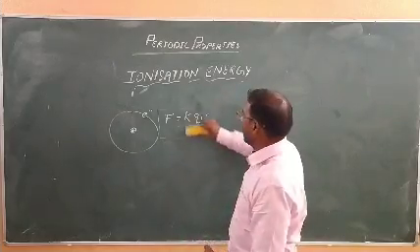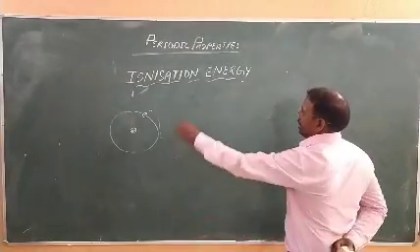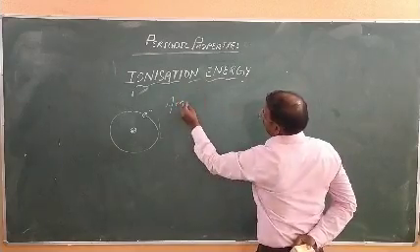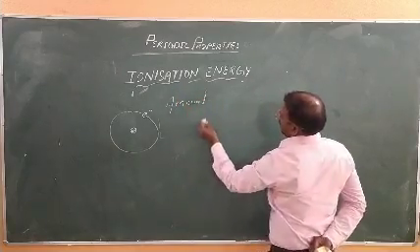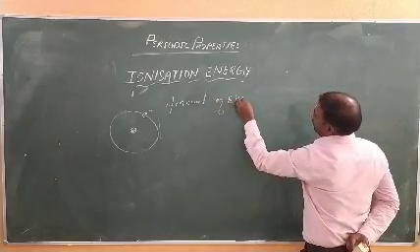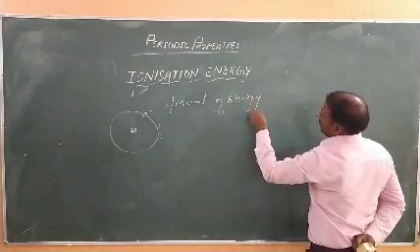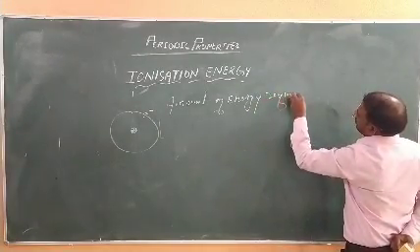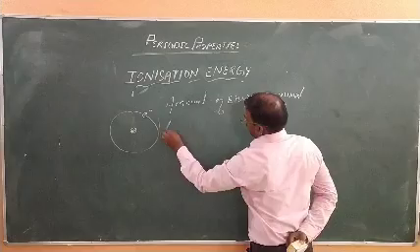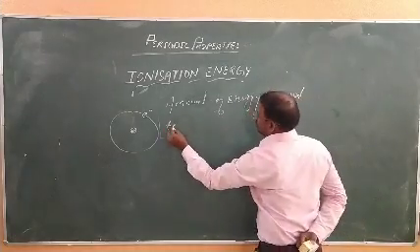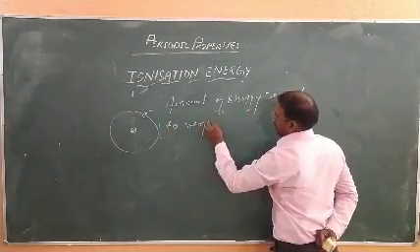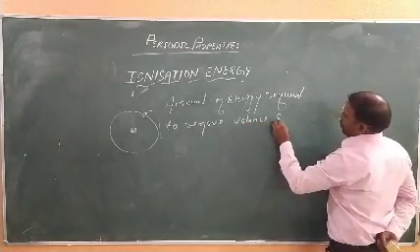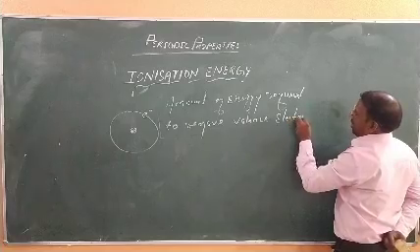And we can say the definition of ionization energy: the amount of energy required to remove a valence electron from an atom in isolated and gaseous state. And what is a valence electron?